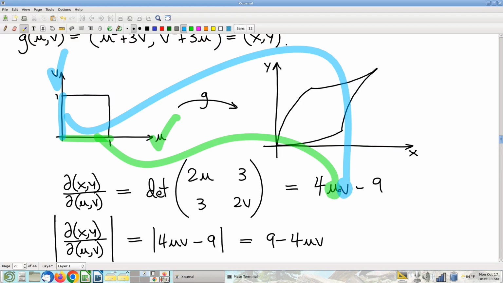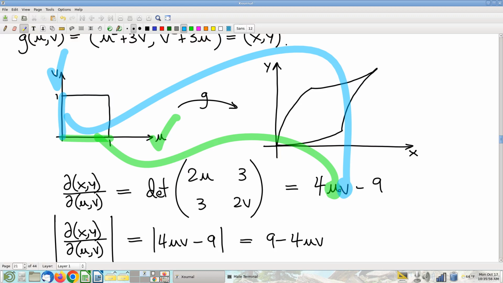So I can just eyeball this expression. 4uv is definitely less than 4, 100% always for every point that I'm actually interested in. I don't care what's going on for other values of u and v, just on the domain I'm interested in. 4uv is always less than 4. So when I subtract 9, it's definitely negative. No doubt.